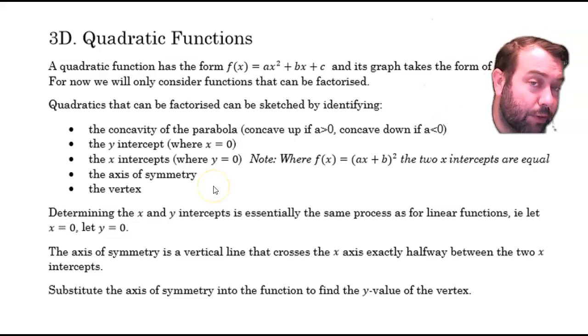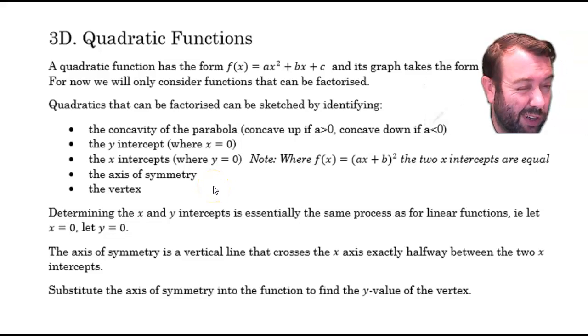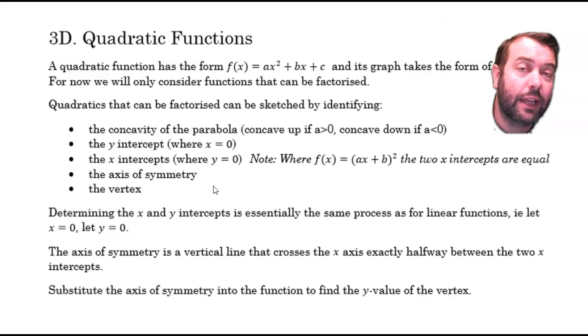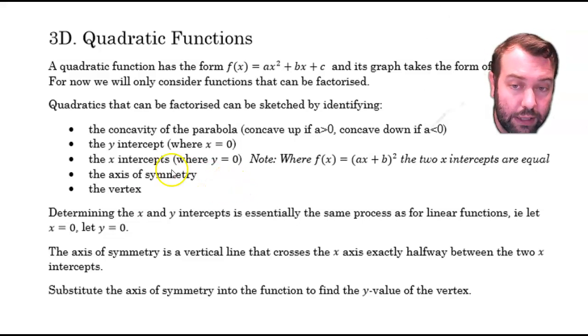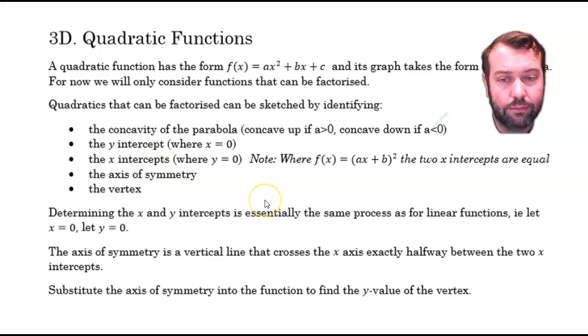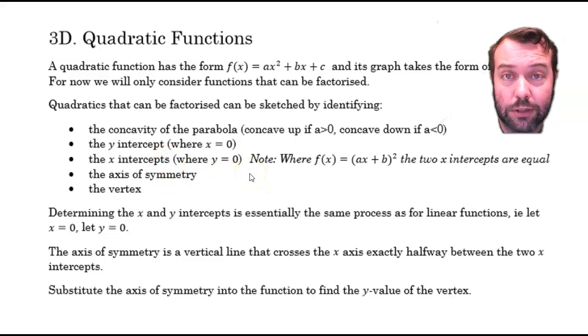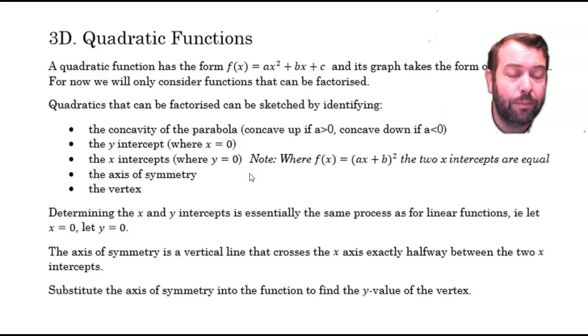The axis of symmetry is a vertical line, because parabolas are symmetrical. It will be exactly halfway between the two zeros. Now, we can average the two zeros. Having found them previously, we add them together, divide by 2. That's halfway in between them, and that's our axis of symmetry.